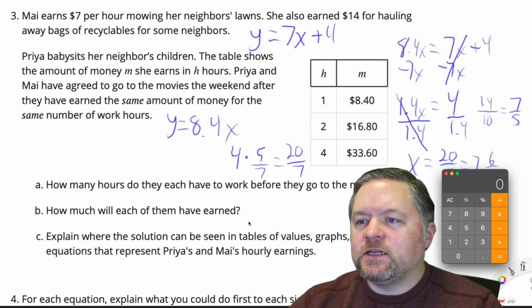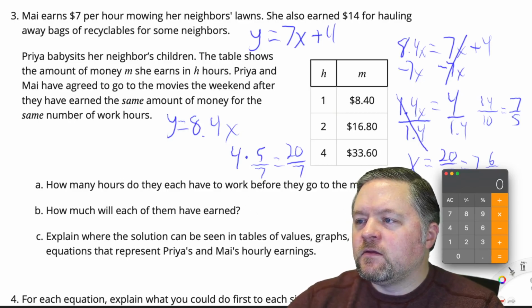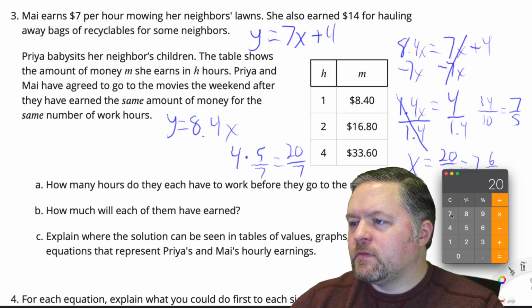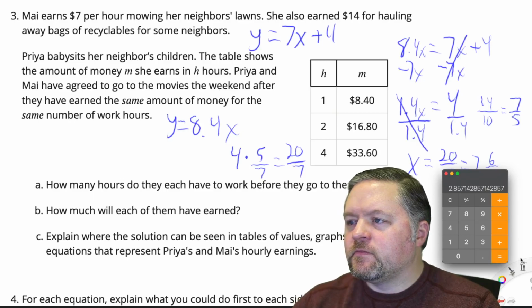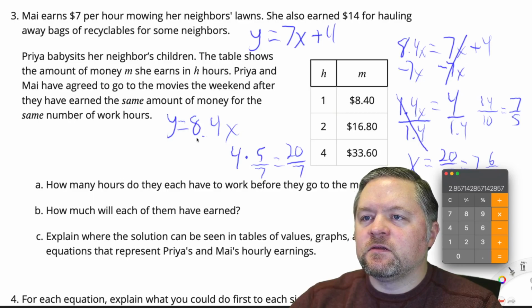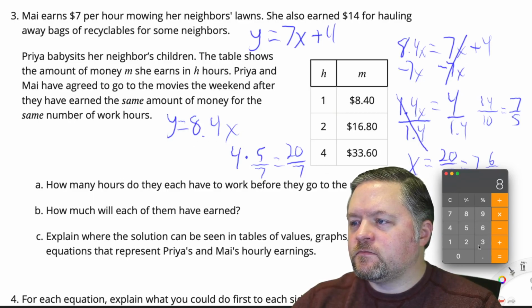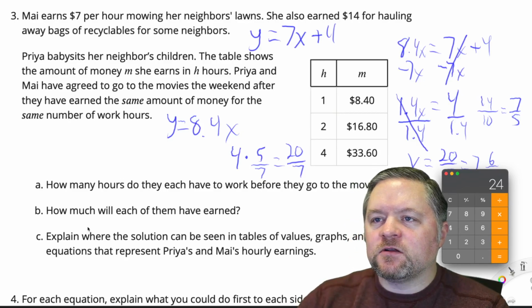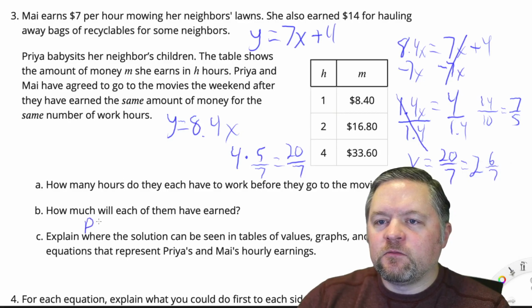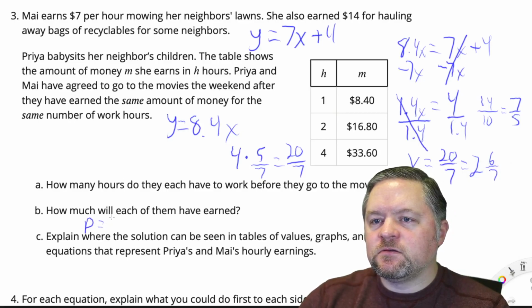How much will each of them have earned? So 2 6/7 times 8.4 is $24. So that was Priya. Priya earns $24.